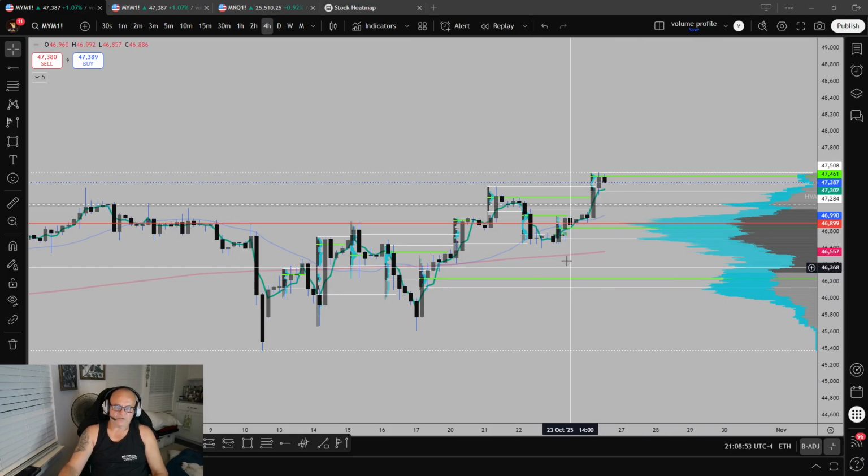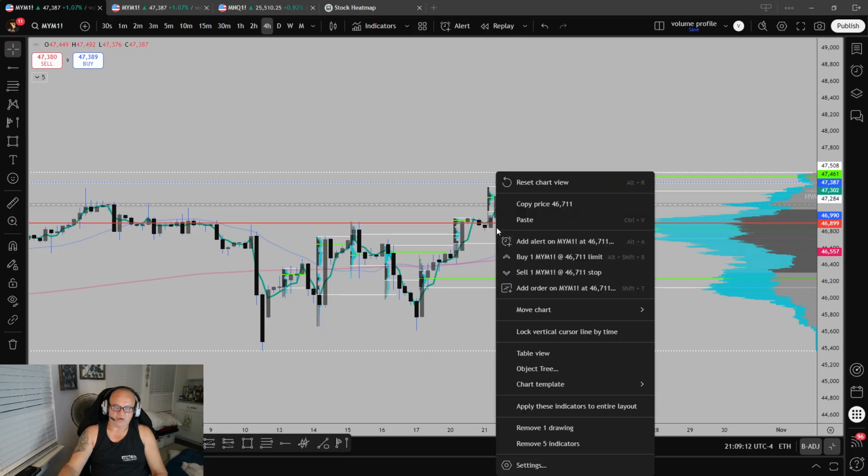So we made a high back here, came down, swept the low, and then went back up and swept that high. Okay, and that was the double top at the last all-time high. All right, so this leaves this as a breaker bar.